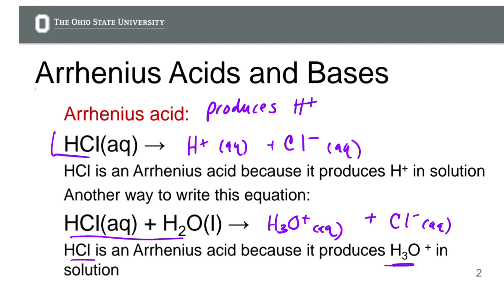So what is happening is that the hydrogen ion from HCl is forming a bond with the water molecule. And so we form what we call the hydronium ion. So with Arrhenius acid, we could say it produces H+ or it produces H3O+. Either one of those would work. Okay. Questions on that?